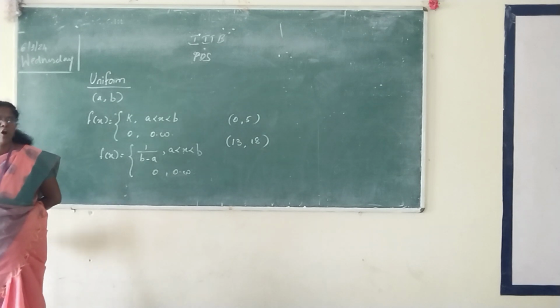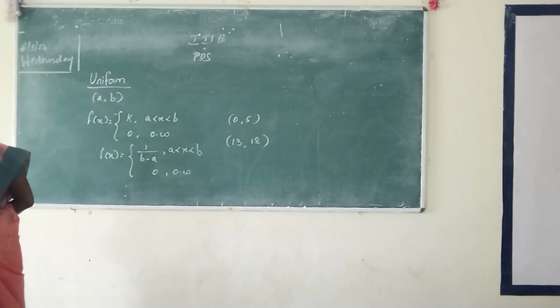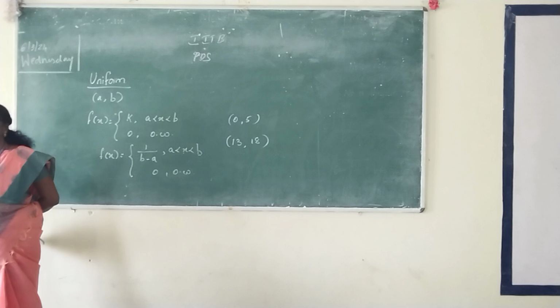Always the uniform distribution has only a constant f(x), where the constant equals 1/(b minus a), upper limit minus lower limit.